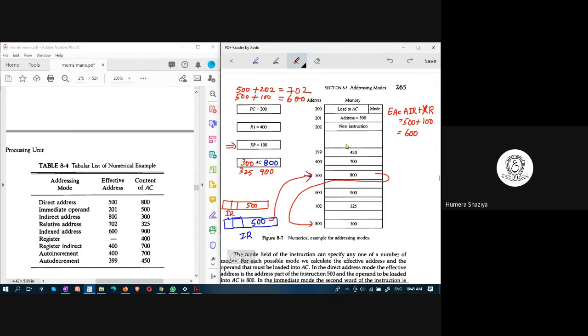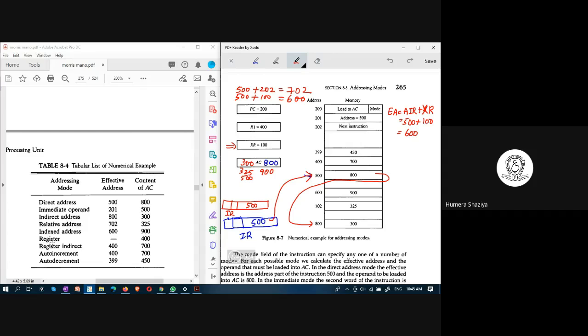This 500 is the value. It is in immediate operand mode. You don't specify the address of the operand. Rather, you specify the operand directly. Do you understand this immediate operand? Yes, ma'am. So you load 500 directly into the accumulator.